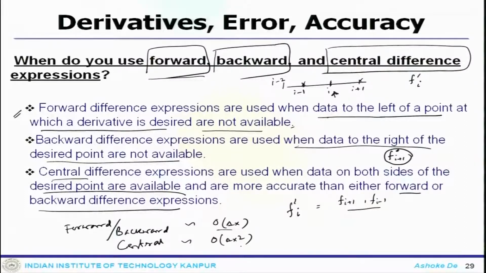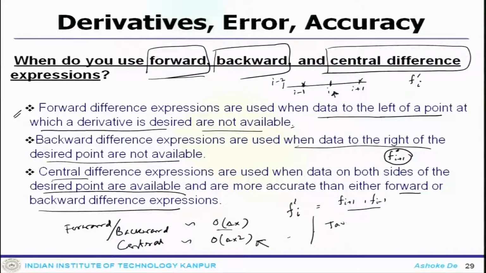So, obviously, one would like to have a higher order accurate system compared to a lower order accurate system, and this is what is preferred in CFD when you move from one problem to another: you try to use as high an order of accuracy as possible. Now, when you talk about order of accuracy, that only tells you from the Taylor series expression.